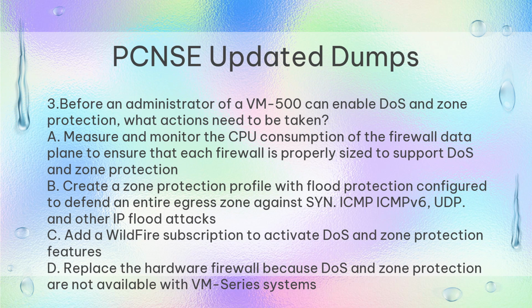3. Before an administrator of a VM-500 can enable DoS and zone protection, what actions need to be taken? A. Measure and monitor the CPU consumption of the firewall data plane to ensure that each firewall is properly sized to support DoS and zone protection. B. Create a zone protection profile with flood protection configured to defend an entire egress zone against SYN, ICMPv6, UDP, and other IP flood attacks.